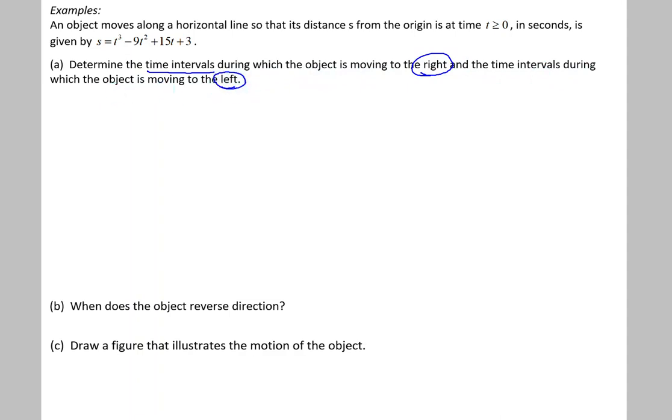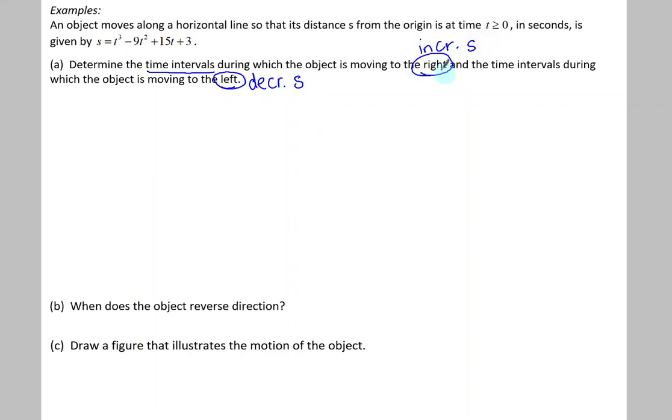So we think of this as the object is increasing its position, call the position s, and decreasing its position, decreasing s. Well, if we want to know where a function is increasing, we want to know about its derivative.